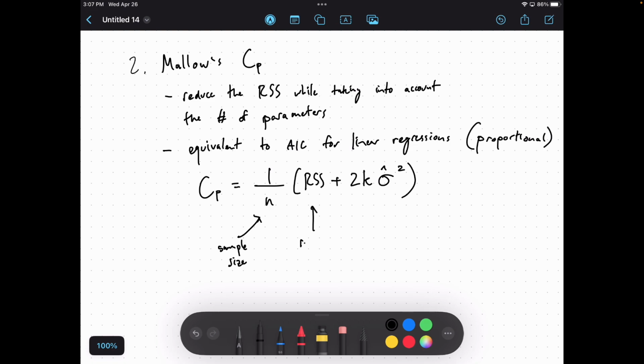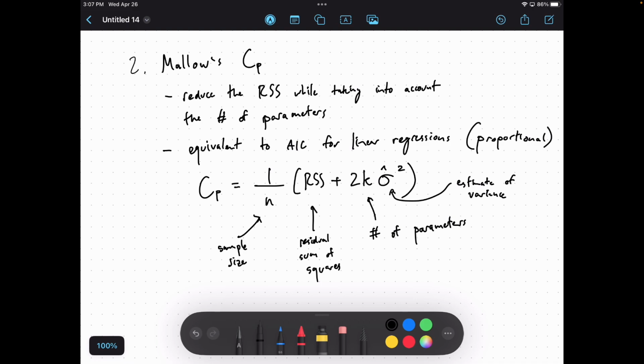So this is our residual sum of squares, number of parameters. And this is our estimate of variance. And so this is exactly the same as the AIC in the linear model.